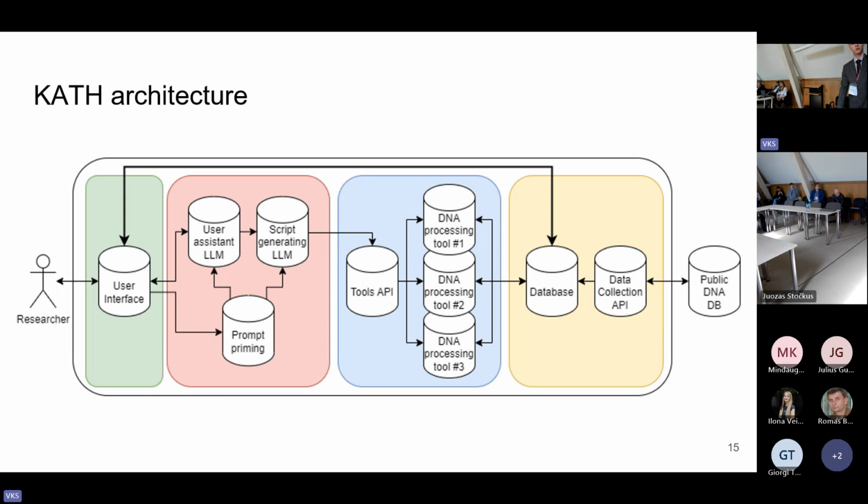From the user assistant LLM, data goes to the script generating LLM that will generate code and pass it to the next steps of the system that were described in the previous diagram. The script executor will get access to the tools API and will execute them, and there it has access to databases, and the database gets data from public databases using our data collection and refactoring module.